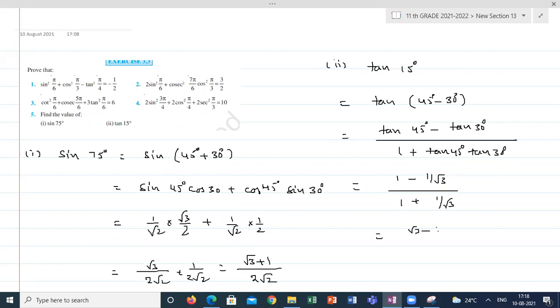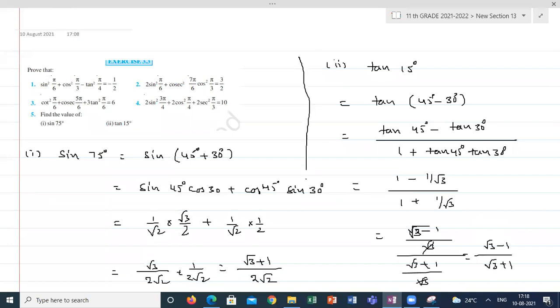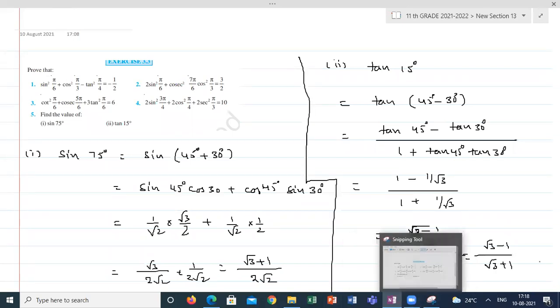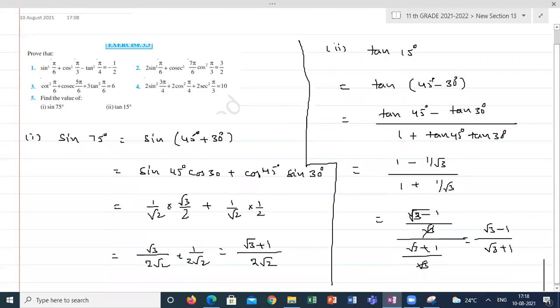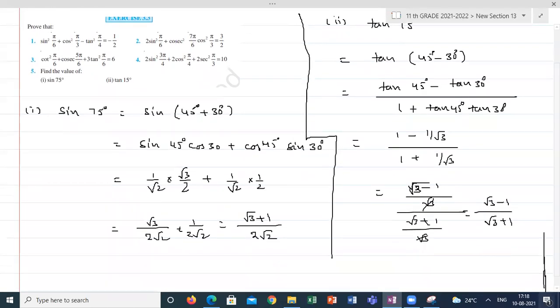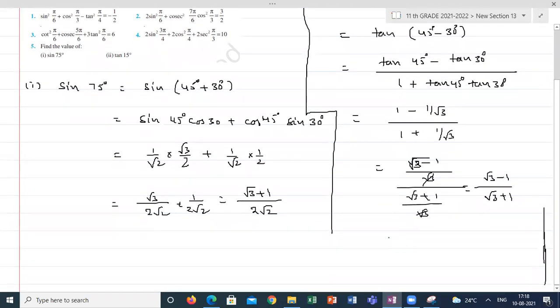So this is root 3 minus 1 by root 3, divided by root 3 plus 1 by root 3. So the answer is root 3 minus 1 by root 3 plus 1. Further, if I want, I can rationalize the denominator and express it.